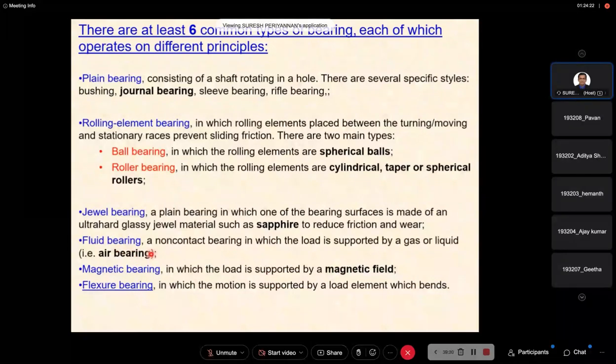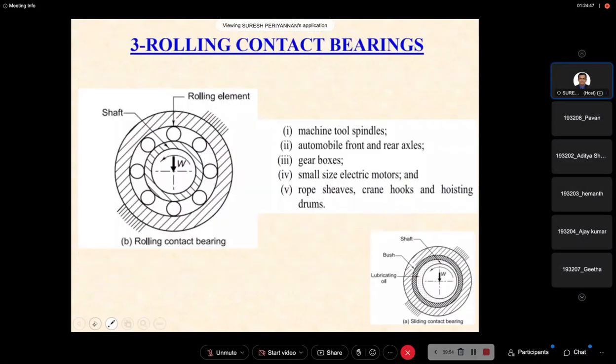In the fluid bearing, the load is supported by high pressure gas or liquid. In the flexure bearing, the motion is supported by a load element which bends. Anyway, we are going to talk only about the rolling contact bearing. You just have to understand what the magnetic bearing and fluid bearing are.